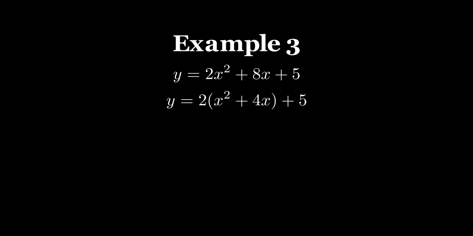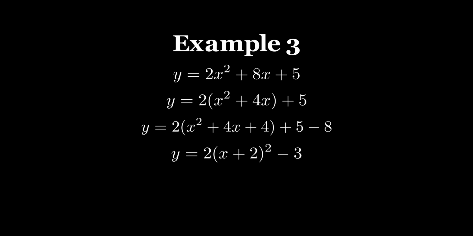Now we complete the square inside the parentheses. Half of 4 is 2. 2 squared is 4. So we add 4 inside the parentheses and subtract 8 outside because the entire expression is multiplied by 2. After simplifying, we get y equals 2 times the quantity x plus 2 squared minus 3.